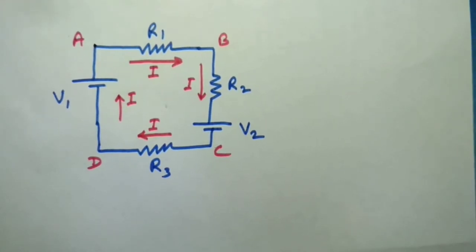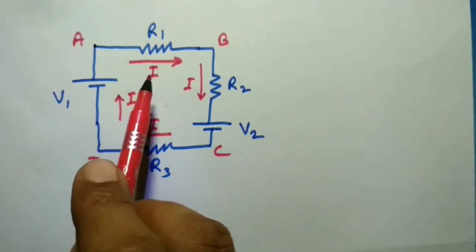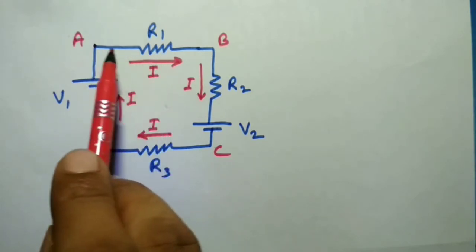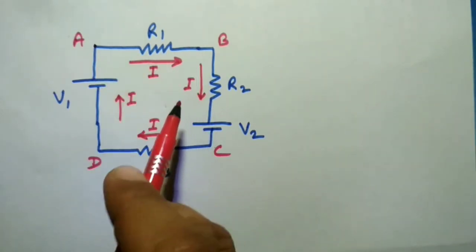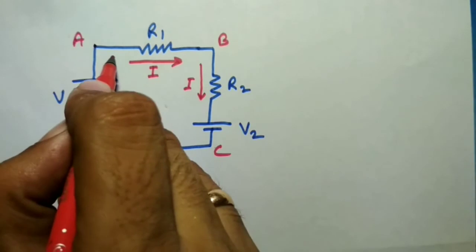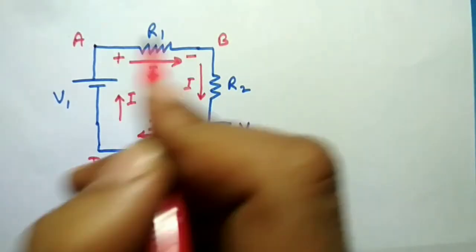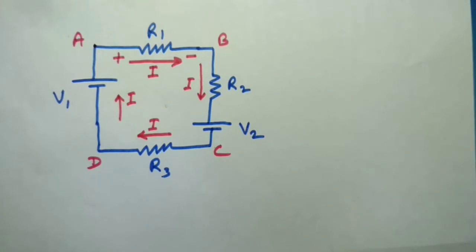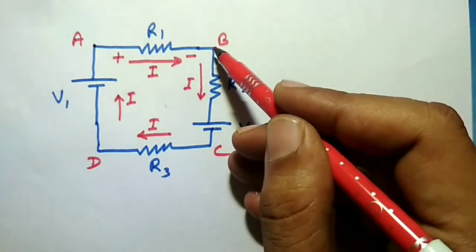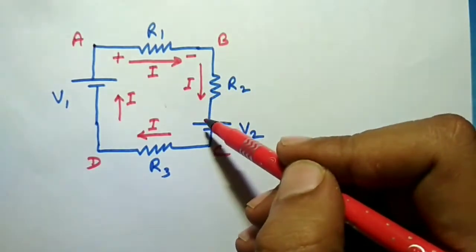As we know, the current always flows from high potential to low potential terminal. That means if we assume the current I1 is flowing in AB branch from A to B, we consider the A side is at higher potential and B side is at lower potential. Now the same current is flowing from B to C, that means downward.